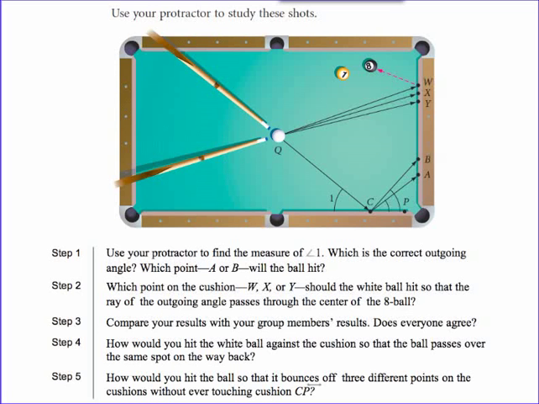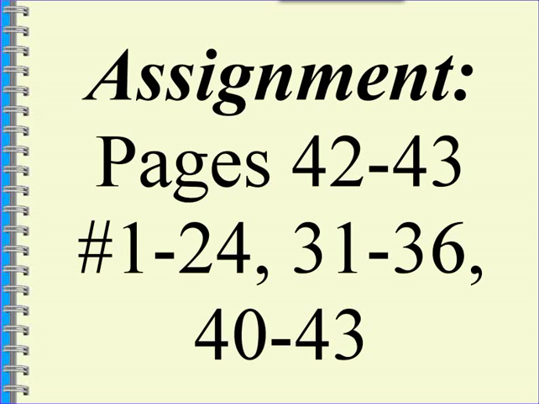Use your protractor and complete 1 through 5. When you're done, you may work on your assignment for tomorrow, pages 42 through 43, 1 through 24, 31 through 36, and 40 through 43. Yes, that is due tomorrow. I'll leave that up on the board. You need to work on your investigation right now.